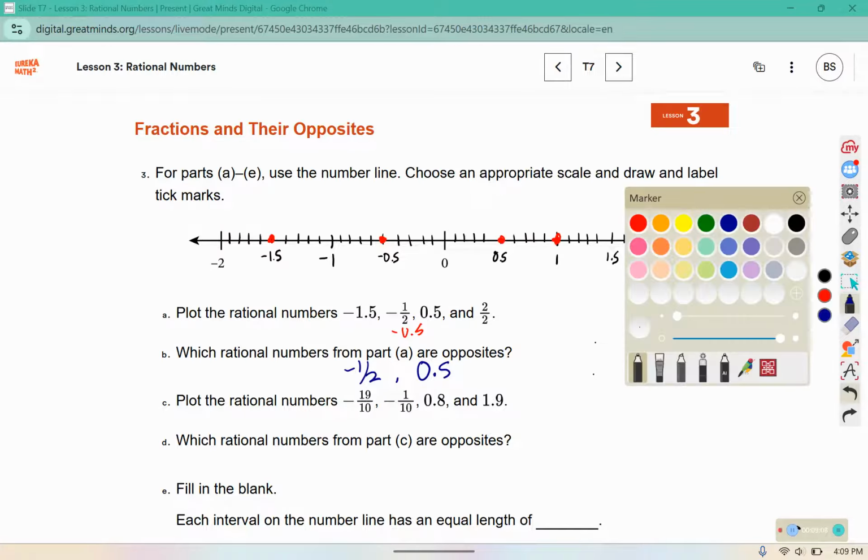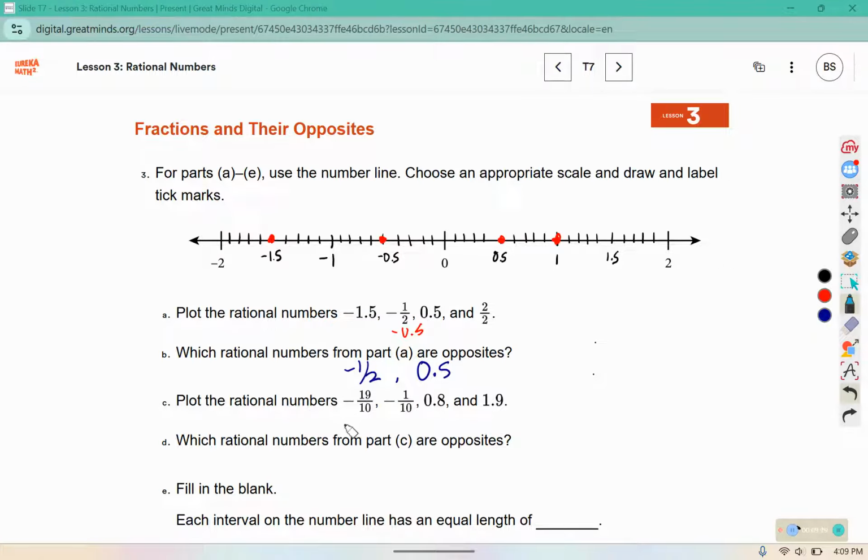Plot the rational numbers negative 19/10, which will be negative 1.9, and negative 1/10, which would be 0.1, counting 0.5, 0.6, 0.7, 0.8, 0.9.